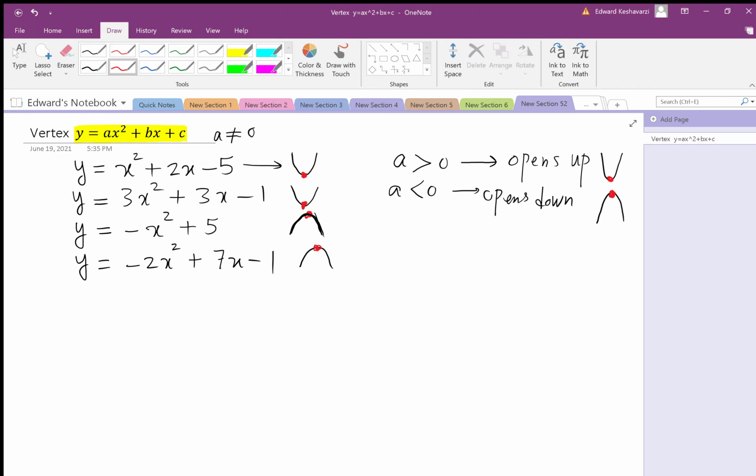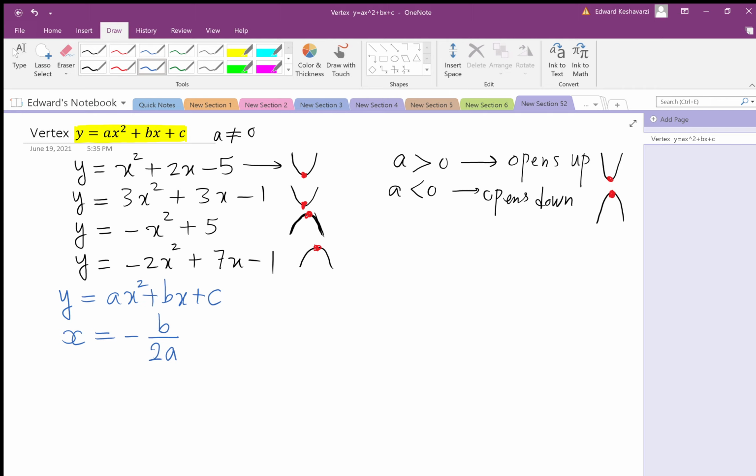Let's start with a very important formula. So when y equals ax squared plus bx plus c, x of vertex is equal to negative b over 2a. So as you know, vertex is a point.